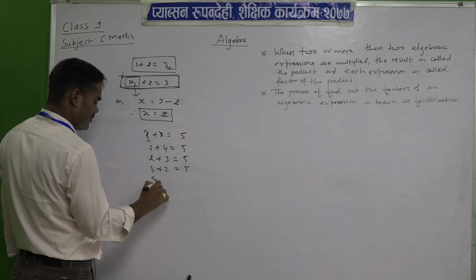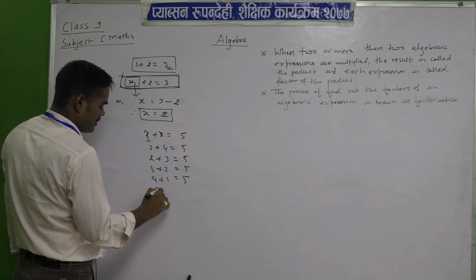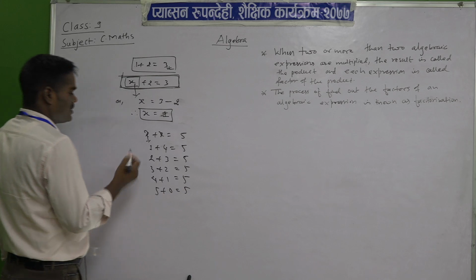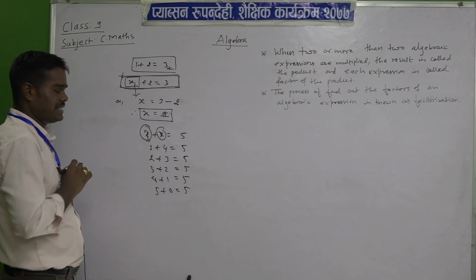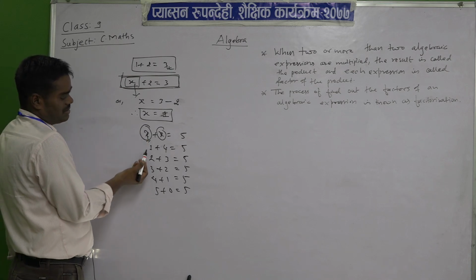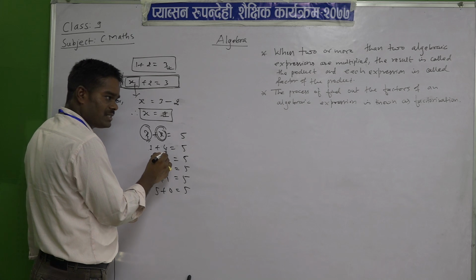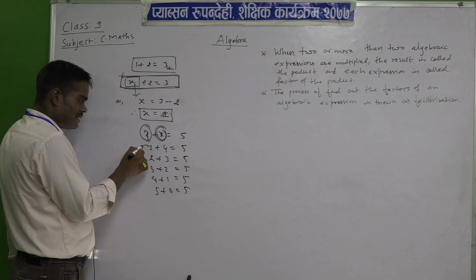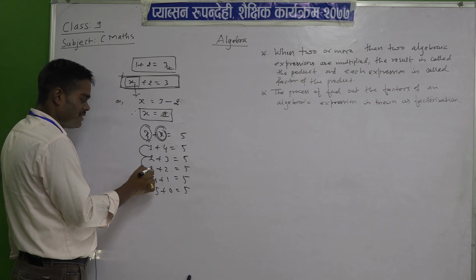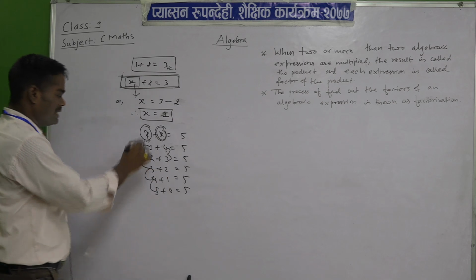This is 4, 1, 5. Likewise, this is 5, 0, 5. See here, this is the first x and this is the second x. If the value of the first x is 1, then the other x is 4. So at each and every step you are watching, the value of x changes.